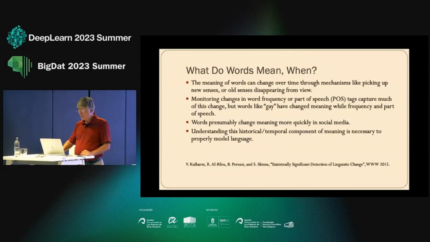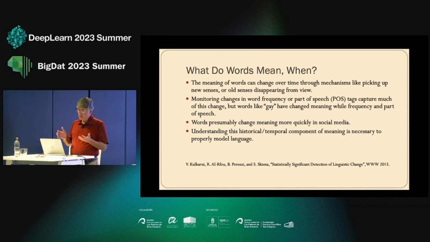Let's think again about why words change meaning. Sometimes they pick up other senses. Your notion of qishta as being cool versus a milk-like substance is about picking up another sense.